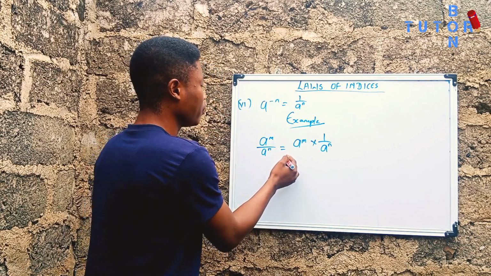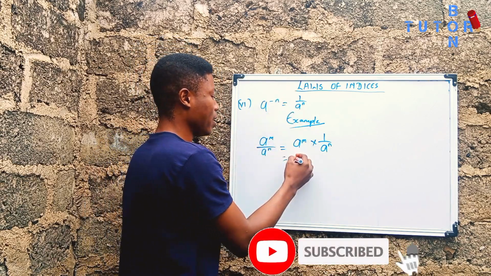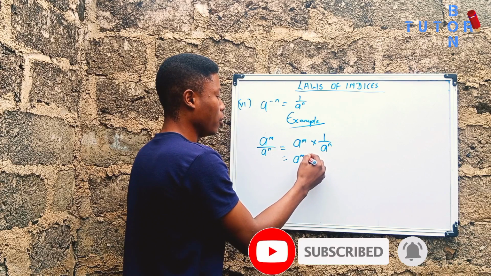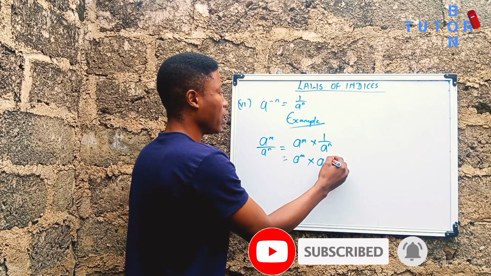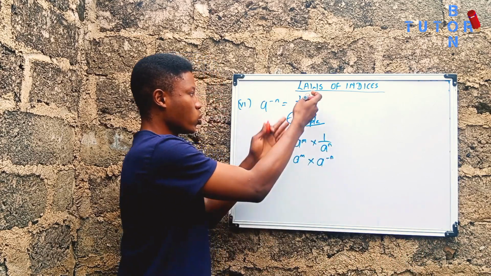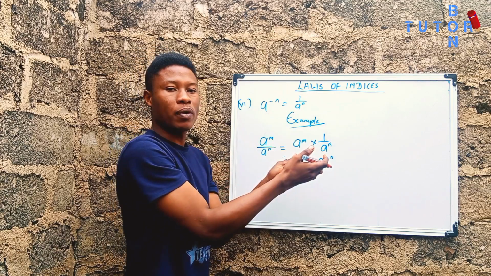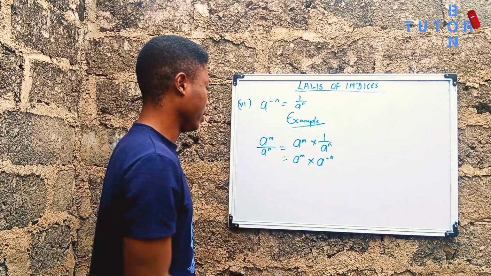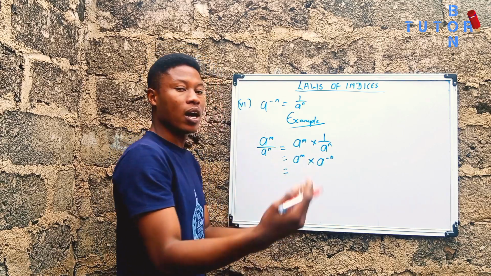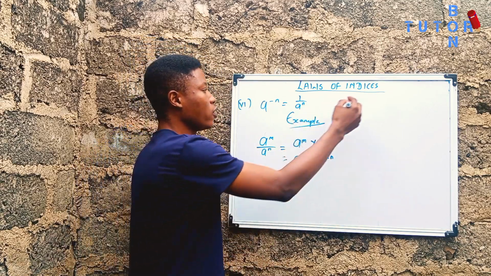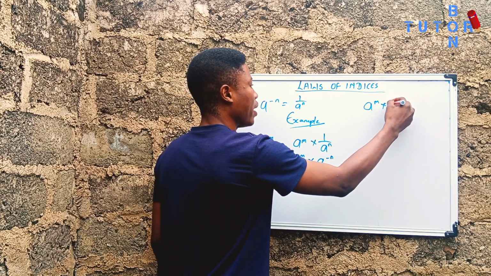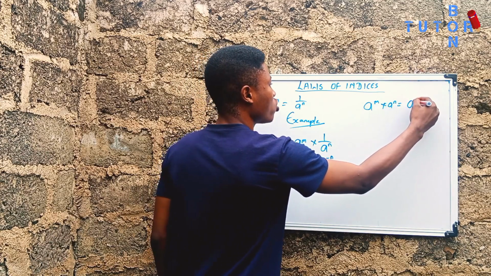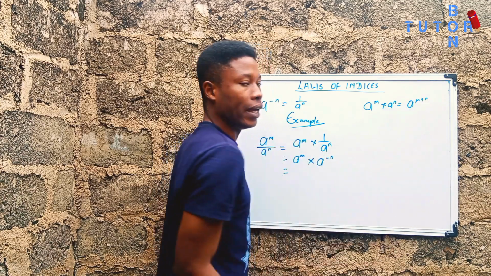So from here, I can come to this law by saying a raised to power m multiplied by a raised to power minus n, because we said 1 over a raised to power n is the same thing as a raised to power minus n. From here, I can go back to our first law that says a raised to power m multiplied by a raised to power n is equal to a raised to power m plus n.